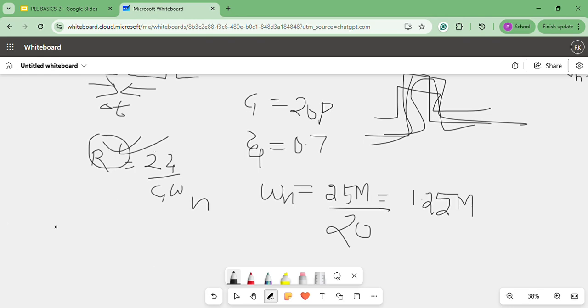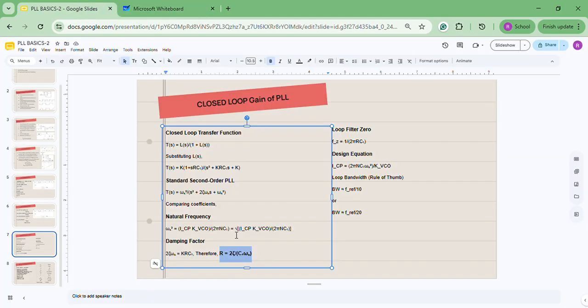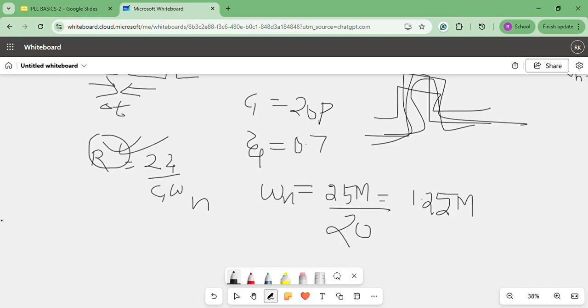Now we can get the zero by comparing the standard equation with the formal equation which we have derived. Our zero will be nothing but 1 by 2 pi R C1. We have already calculated R and assumed C1, so we will substitute R and C1 here to get the zero.